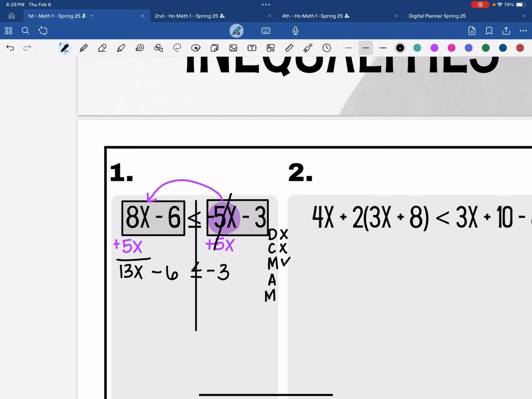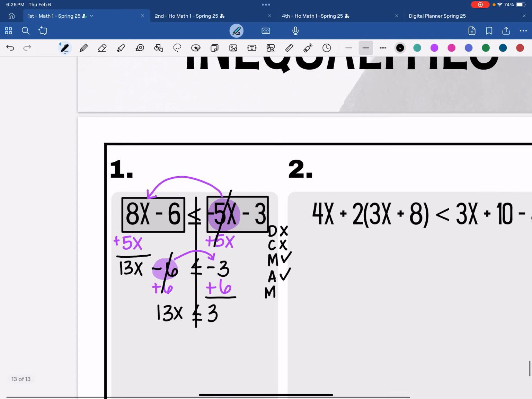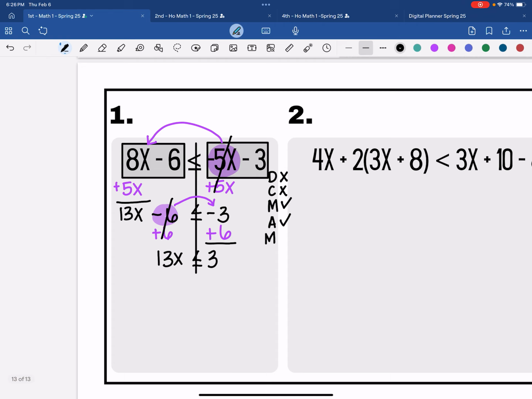All right, so now that we've moved the variable, we need to add, subtract, multiply, and divide. This minus 6 right here, we need to add that over, and we're adding it back to the right-hand side. At this point, we have 13x on the left side is less than or equal to negative 3 plus 6, that's going to give me positive 3. On the last step, we are going to divide by 13.